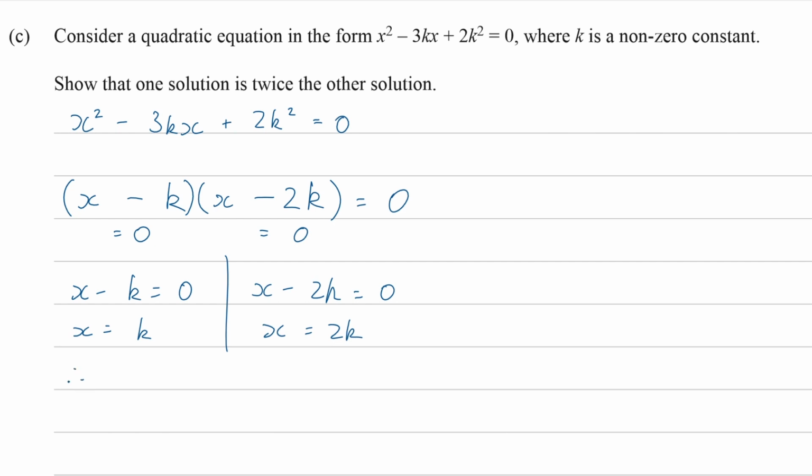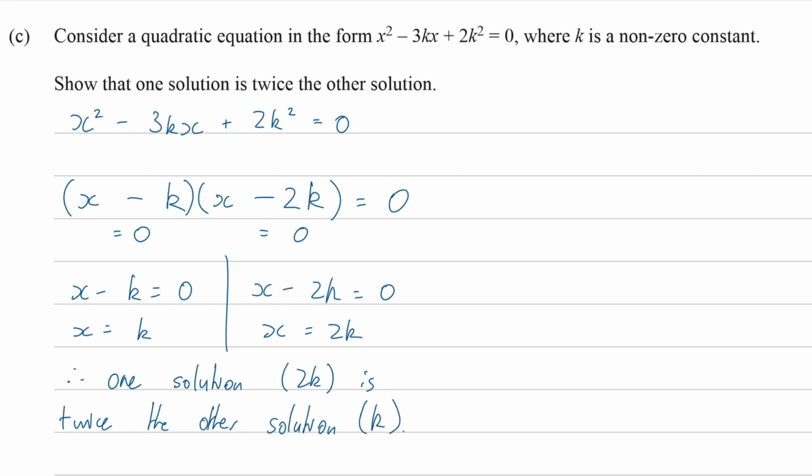Therefore, in this case, 2k is twice the other solution, in this case, k. So that's one way of solving this problem.